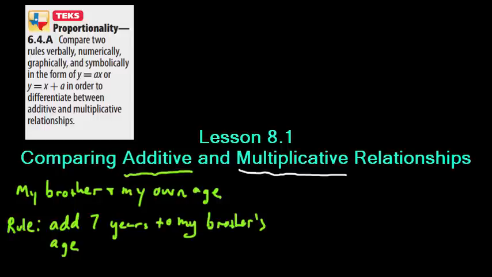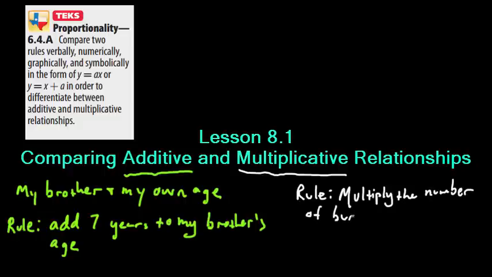So an example of a rule for a multiplicative relationship would be, if burgers cost $3, the rule would be you would multiply the number of burgers by 3 to find the cost.